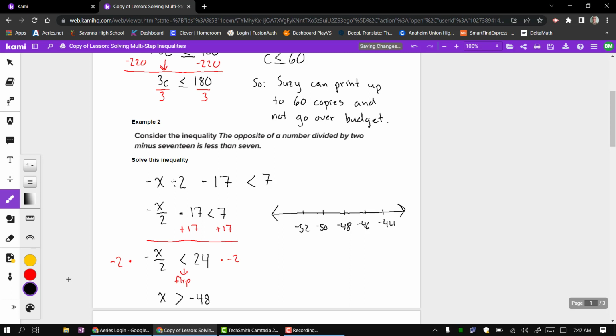So negative 48, it's greater than. That means it's going to be an open circle at negative 48. And we want numbers that are bigger than it, so we're going to go to the right. And there would be the solution to our inequality.